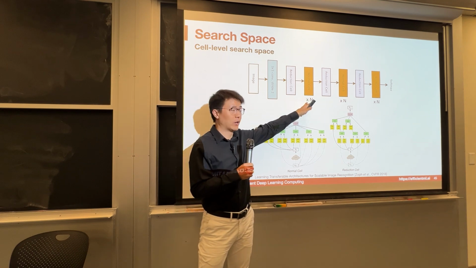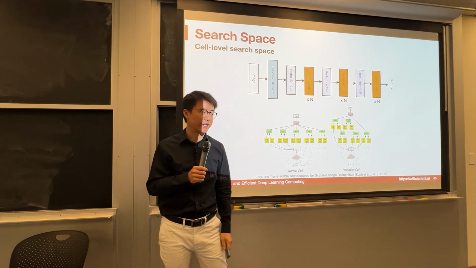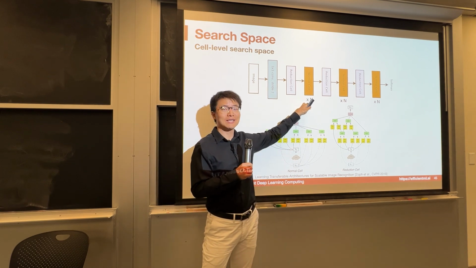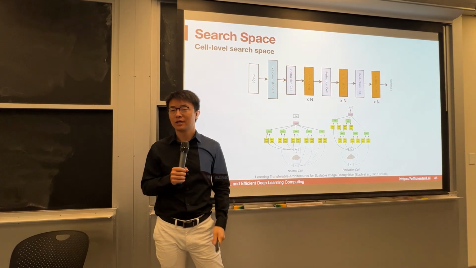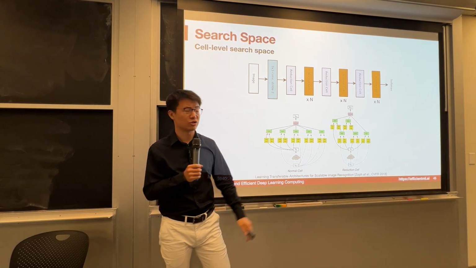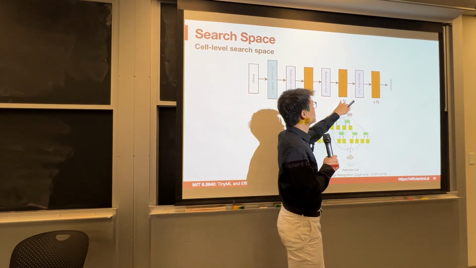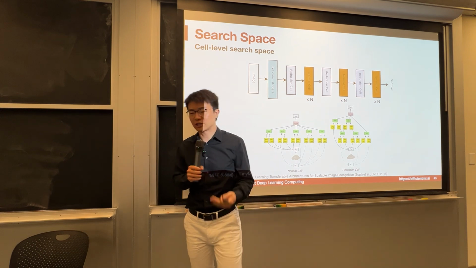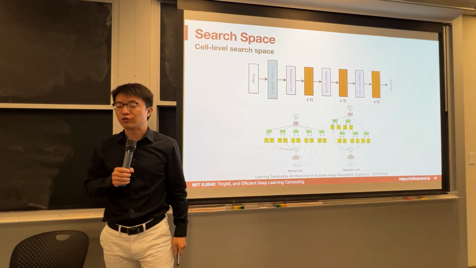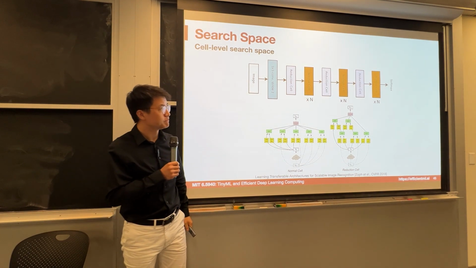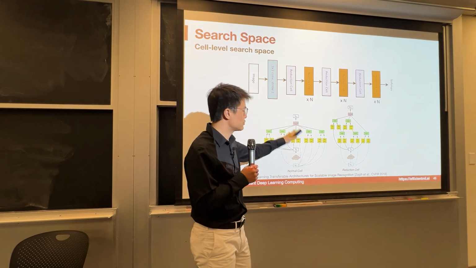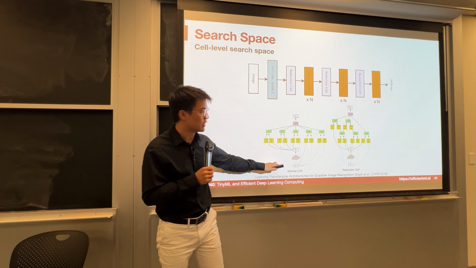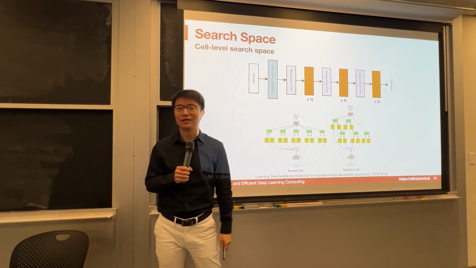One simple strategy is that after you search one cell, you can repeat the cell n times and construct a neural network. You're just repeating these cells, including a normal cell and a reduction cell. The reduction cell basically reduces the resolution. So these are two examples of the searched normal cell and also the reduction cell.